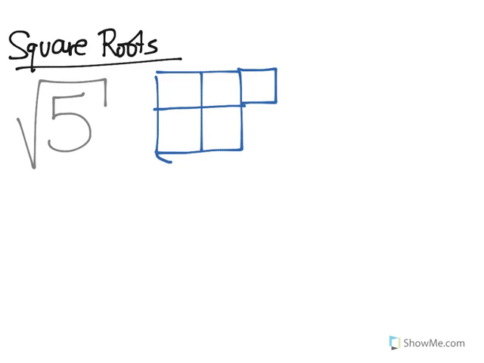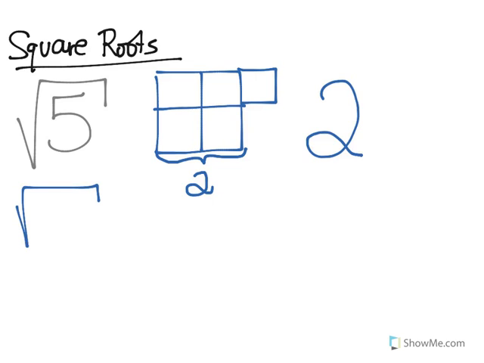So my side length of the perfect square of 4 is 2. So that would give me my whole number. So now I have the square root of 4 plus 1. So 4 is 2. That's my perfect square. But I have 1 left over.